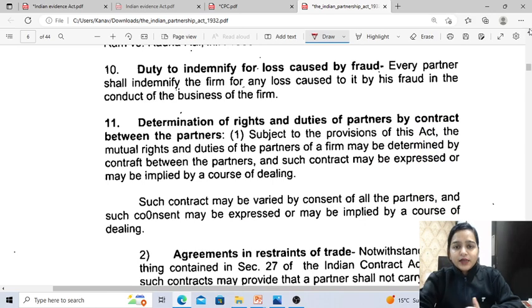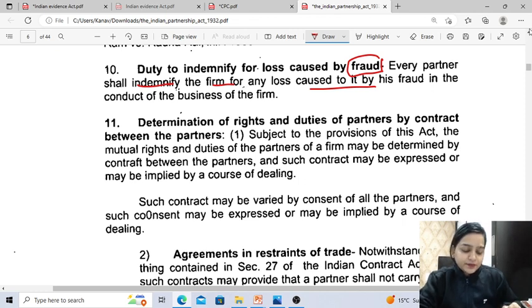Now अगर partner की किसी भी fraud की वजह से, if the partner does any fraud to the firm, तो वो indemnify करेगा firm को. Every partner shall indemnify the firm for any loss caused to it by his fraud in the conduct of the business of the firm.